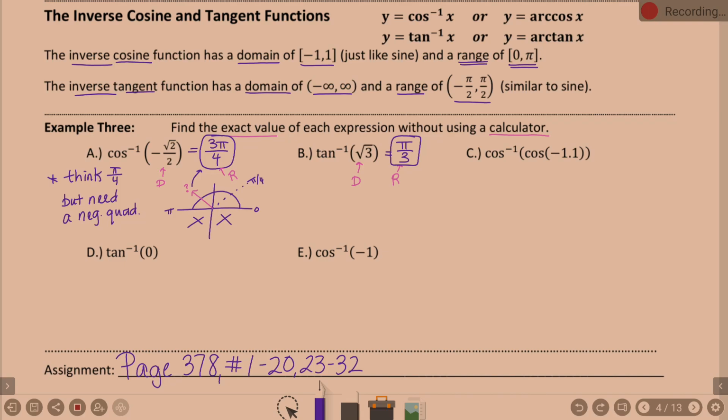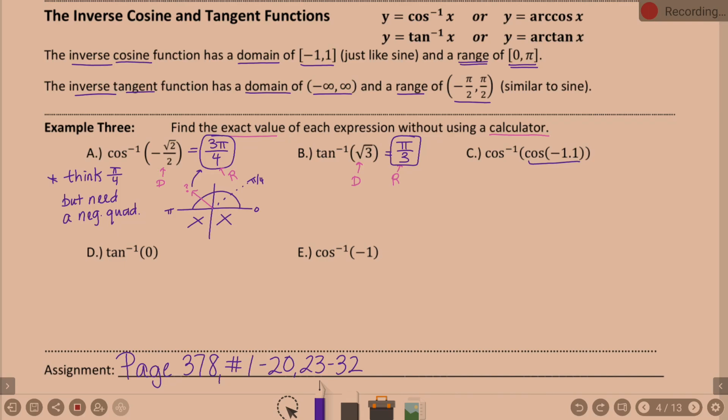I'm going to train you to look at the inside first, right? But do we have cosine of negative 1.1? We have pi/6, pi/4, pi/3. If you want, you can talk about the quadrantals like pi/2, pi, 3 pi/2. I don't have a negative 1.1.